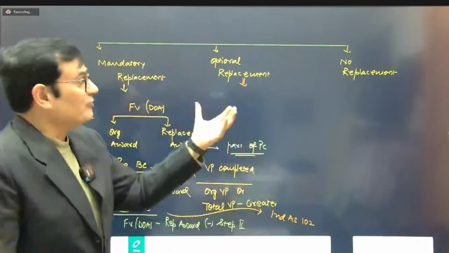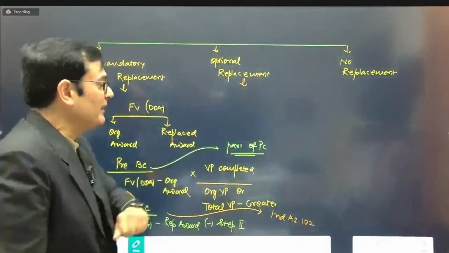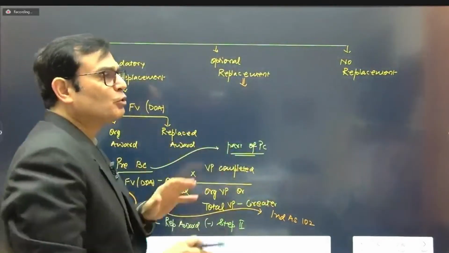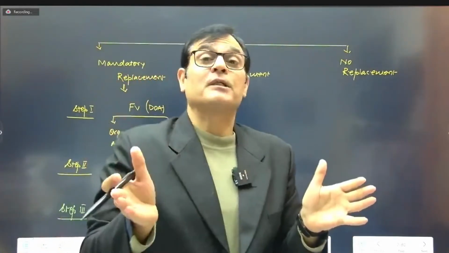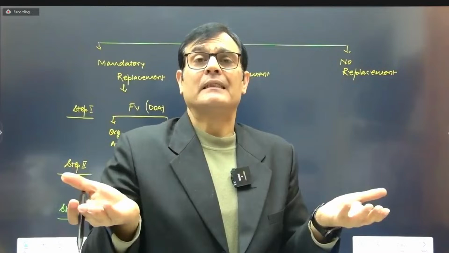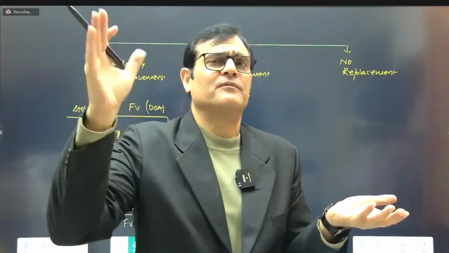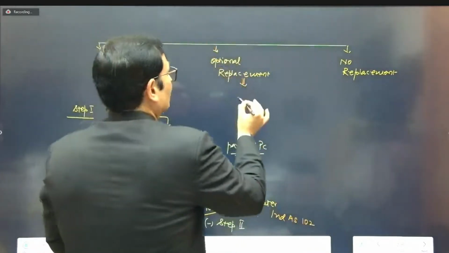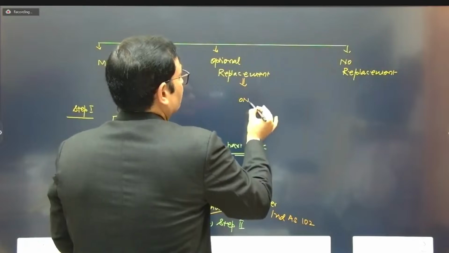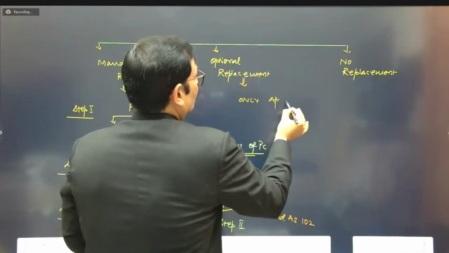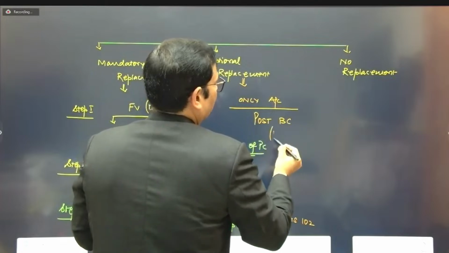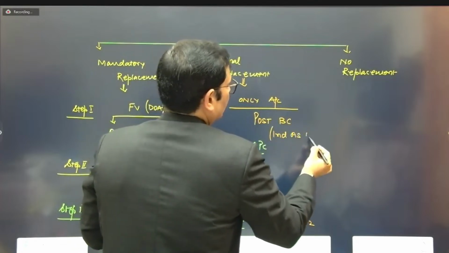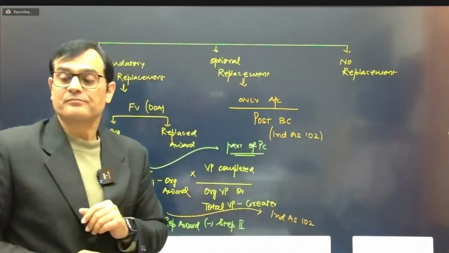So if it is a case of an optional replacement, the standard is very clear. Let's not tell him to do anything in a pre-business combination. If it is an optional replacement, then let him create an SBP reserve in a post-business combination. He will only account for this in the post-business combination period. He's going to apply Ind AS 102 in the post-business combination.